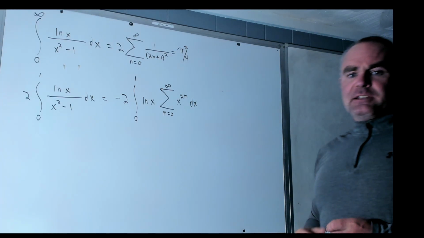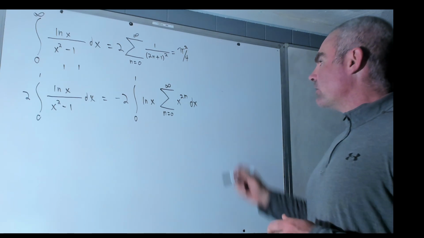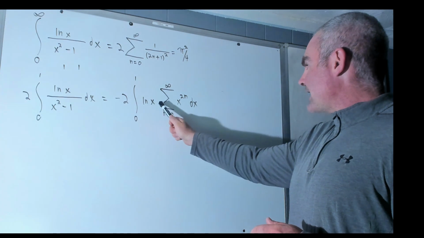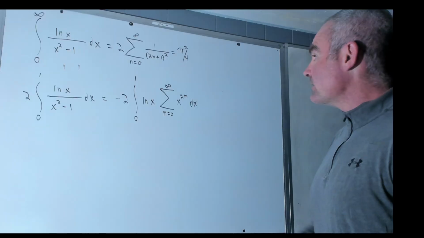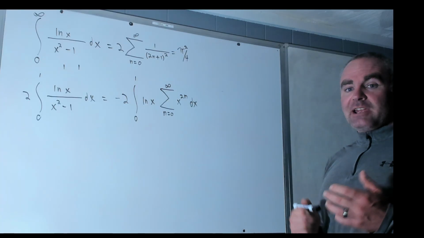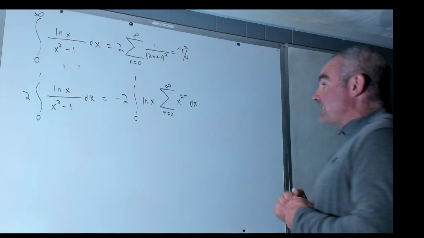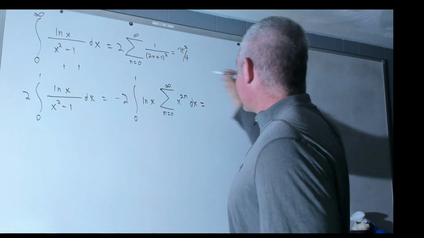All right. Now, from there, it's not very difficult. What you'll do is you'll bring that natural log x inside the sum, switch the sum and integral notations, and then just evaluate the integral. And what you end up with is this, that this is actually equal to that sum.